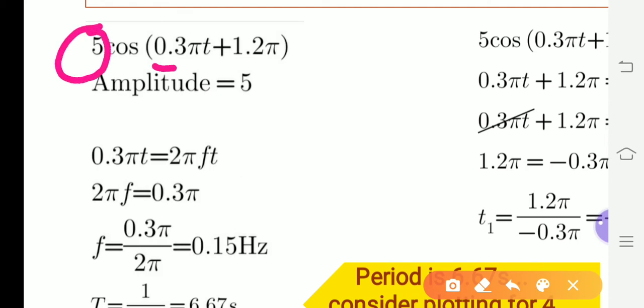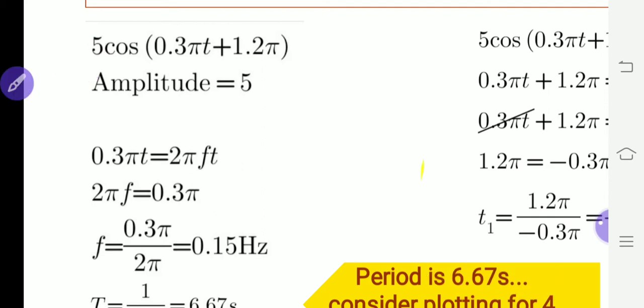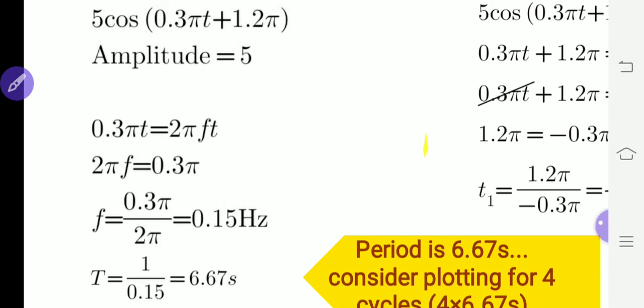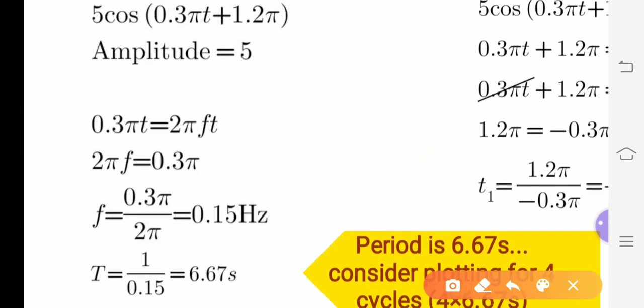Then the next thing is we have to look at the frequency. From here, the frequency is given to you as 0.3 pi. The 0.3 pi is actually omega. So omega t is 0.3 pi t, and we relate this to 2 pi f t.